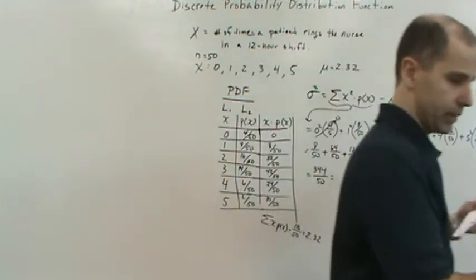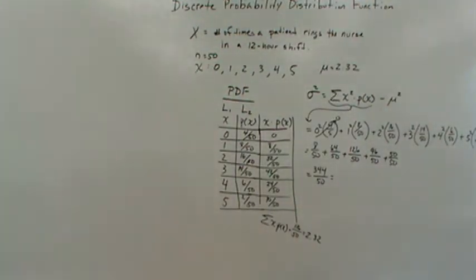Well, what does that give us? Well, let's find out. So this gives us 344 divided by 50. So I get 6.88. Okay, so let's double check this. I don't want to make any mistakes here.